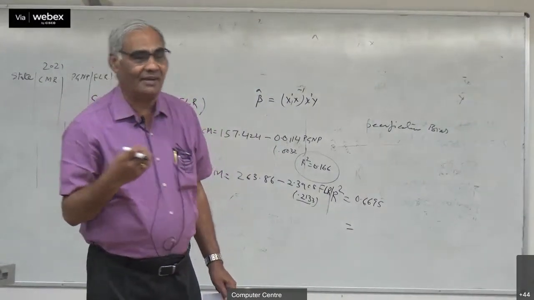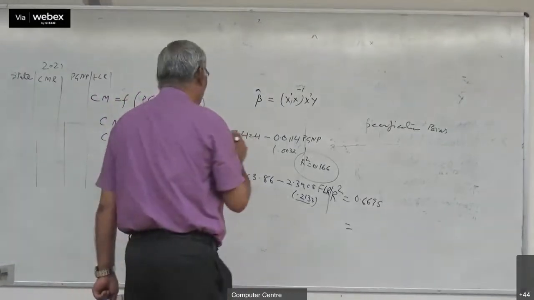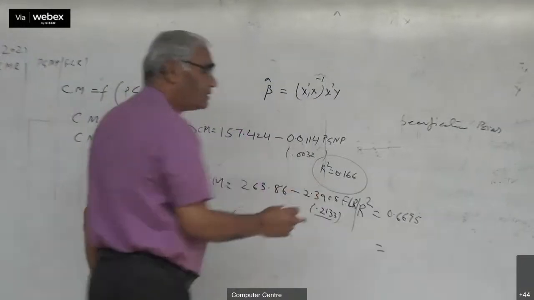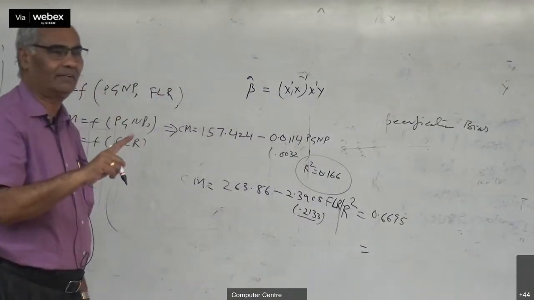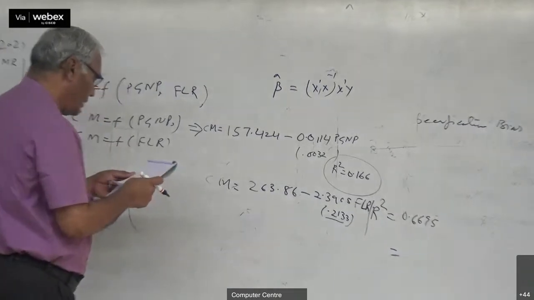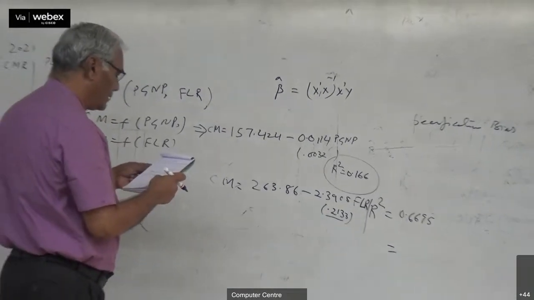So for unbiased estimates, if you think that the child mortality rate depends on two variables, then you have to do a multiple regression model, not the simple one. And if you do the multiple, the answer will be like this.